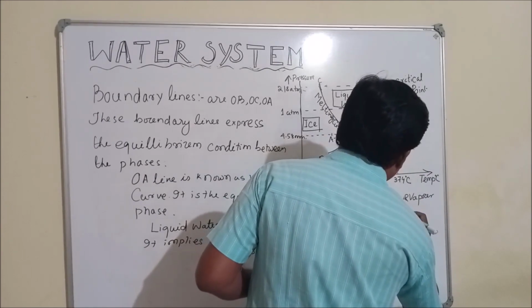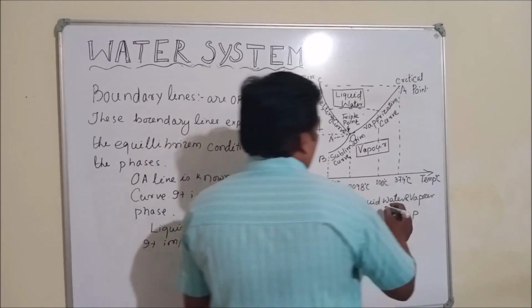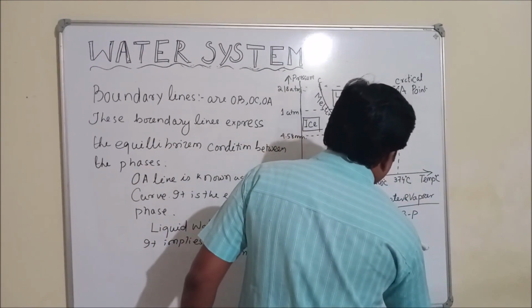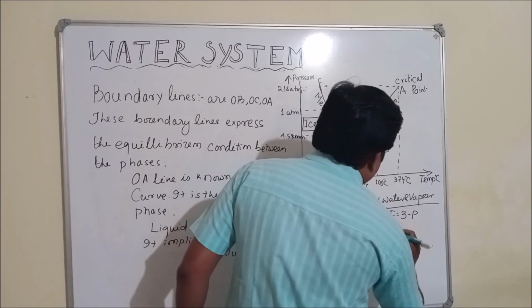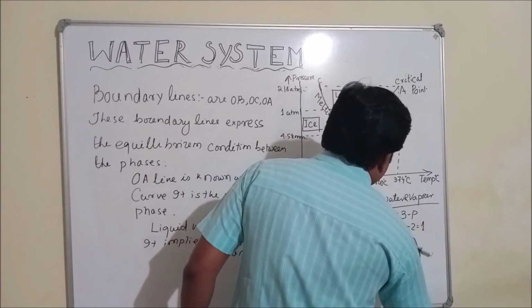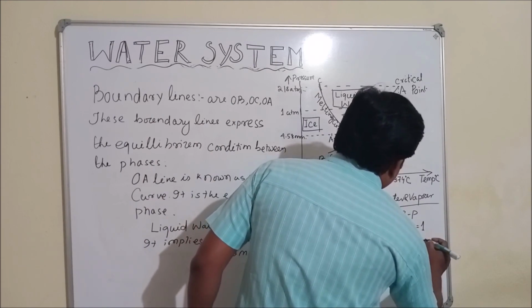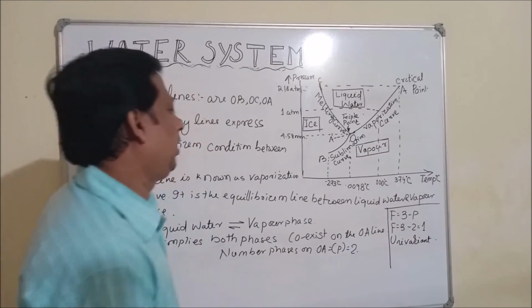F is equal to 3 minus P, as we already know. So F will be 3 minus 2, that will be 1. So it is univariant. The OA line is univariant.